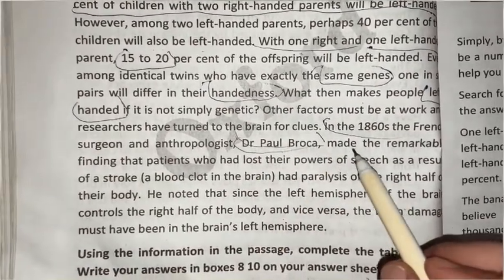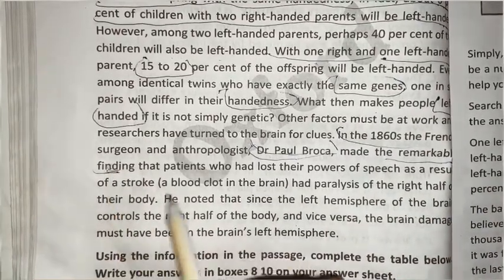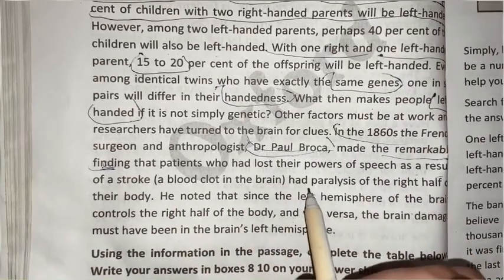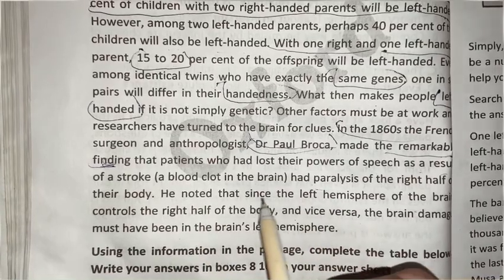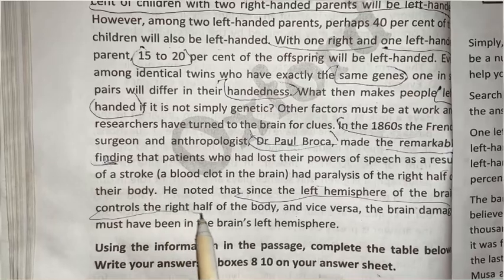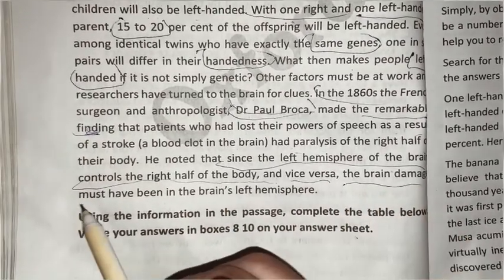He noted that since the left hemisphere of the brain controls the right half of the body, and vice versa, the brain damage must have been in the brain's left hemisphere. So that's why this all happens.